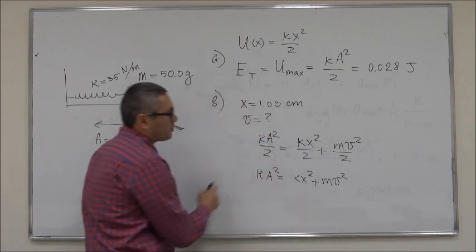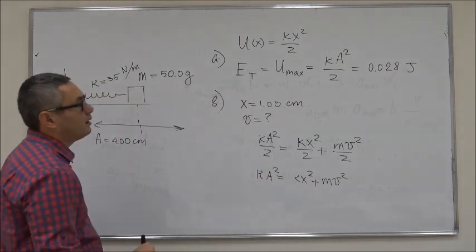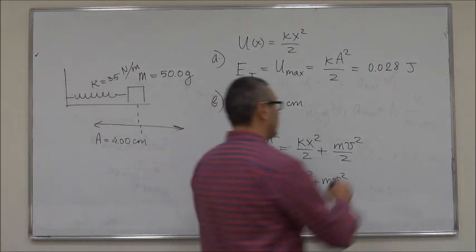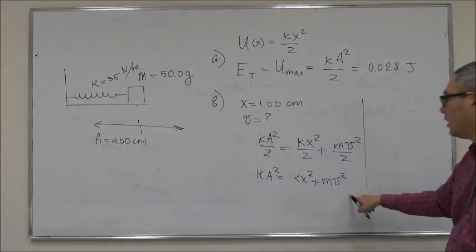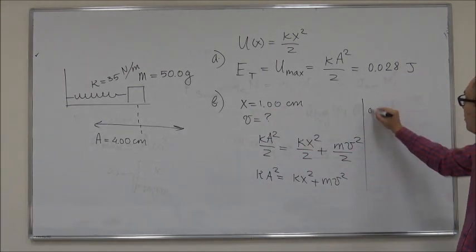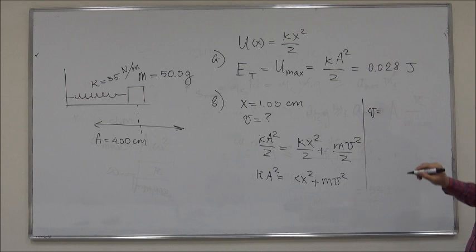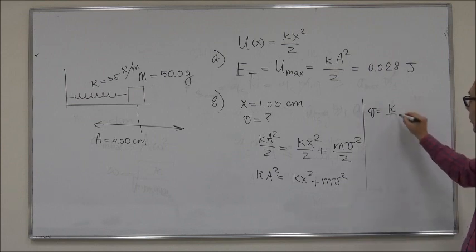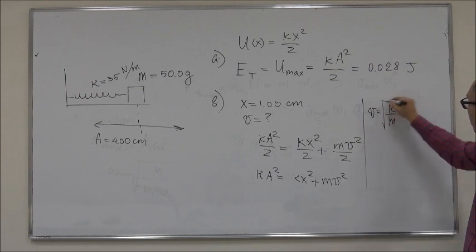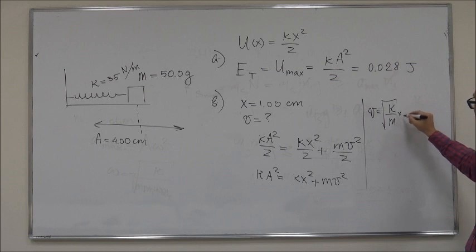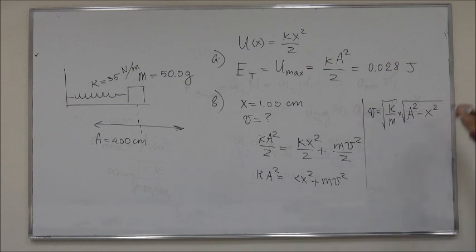From this equation you can easily calculate the velocity. So velocity here is equal to the square root of k over m times the square root of a squared minus x squared.